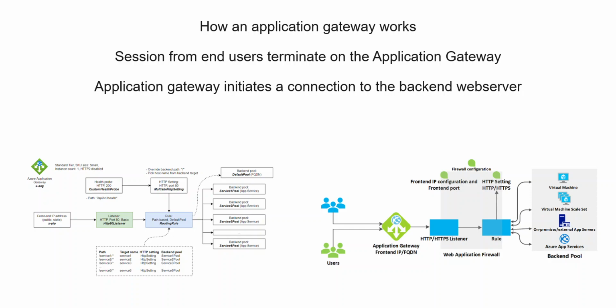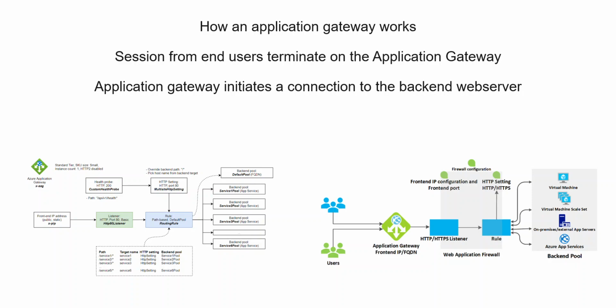If the request is valid, it will be routed to the backend servers, the virtual machine or wherever the request has come from. It will go to the backend pool and be forwarded there. But if it is in detection mode, it will just detect and check, and still forward the request to the backend servers. So it depends.